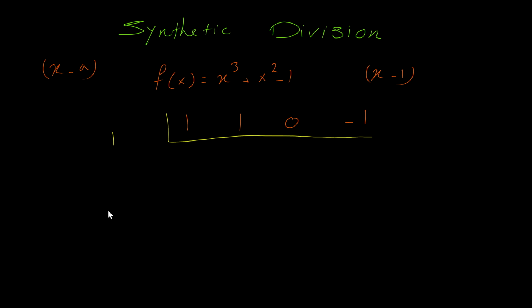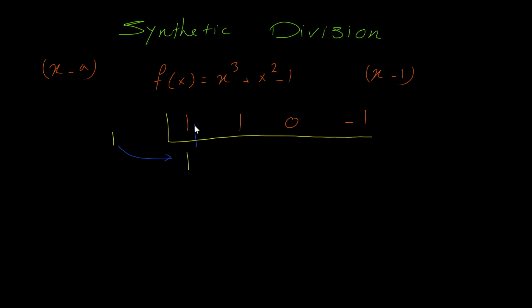So the way that we do the synthetic division is that the first, or the highest degree, coefficient automatically comes down. Then I multiply my a value by that coefficient.